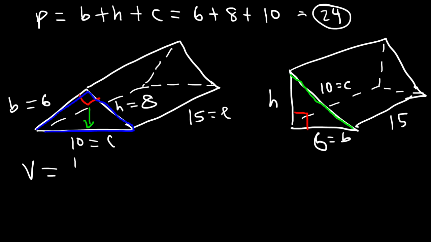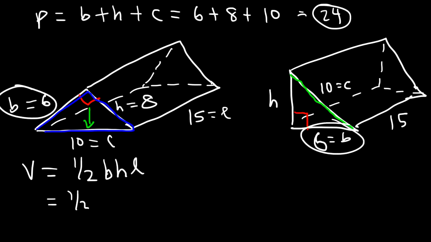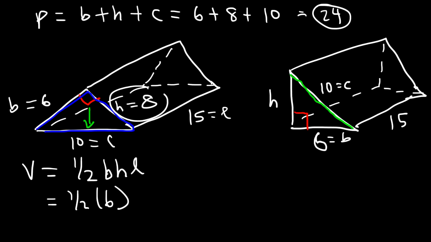So the volume is 1/2 base times height times L. The base of the triangle is 6, which we could see here. The height of the triangle, we know it to be 8. And then the length of the prism is 15. 1/2 of 6 is 3.